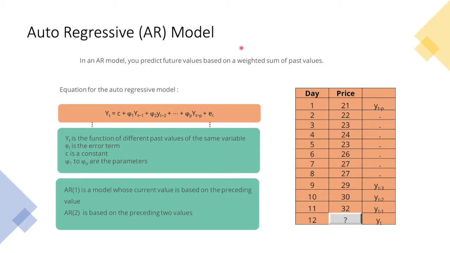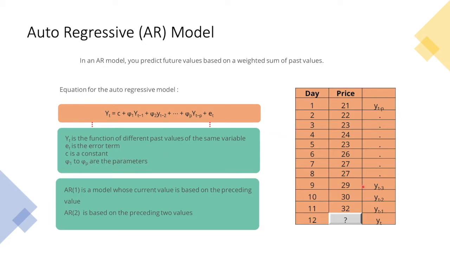The process is basically a linear regression of the current time series data against one or more past values in the same series. The equation for the autoregressive model is as follows: y_t is a function of different past values of the same variable, e_t is the error term, c is a constant, and psi_1 to psi_p are the parameters.